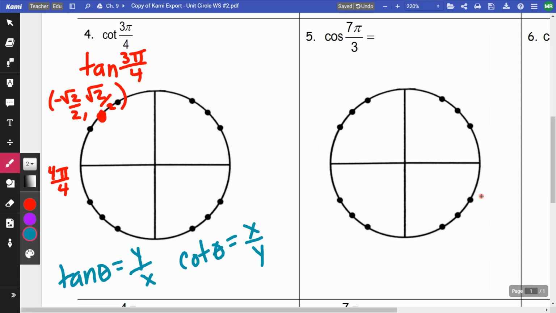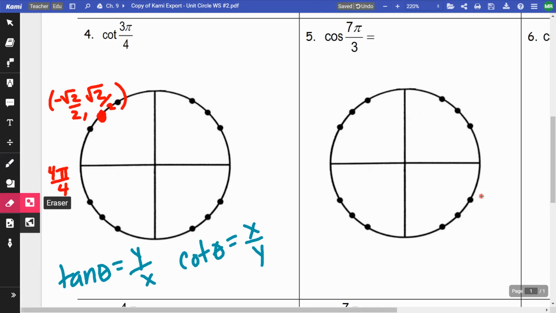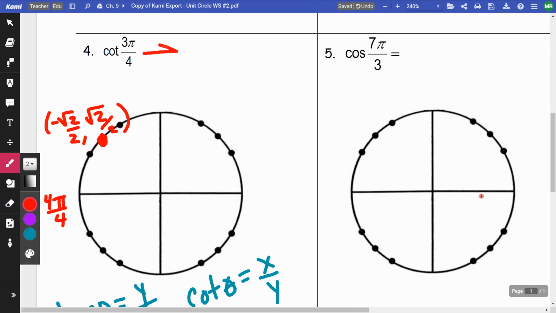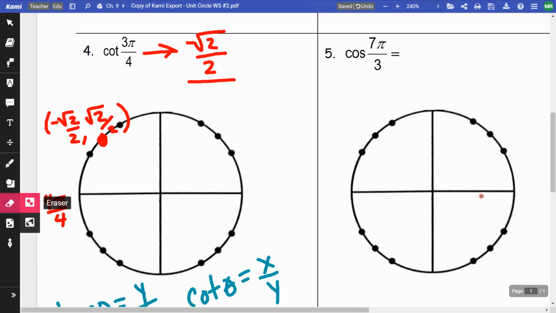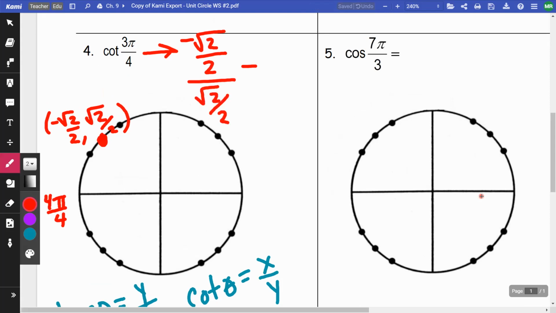So let's just focus on the cotangent in this case, and I'll do my x over y. So my x is a negative root 2/2 over a positive root 2/2, and that is a negative 1. That is my cotangent.